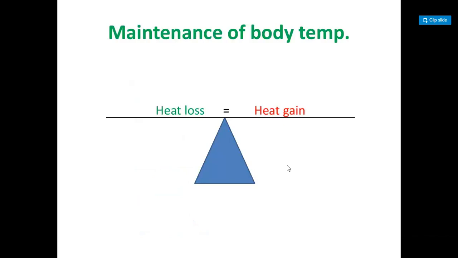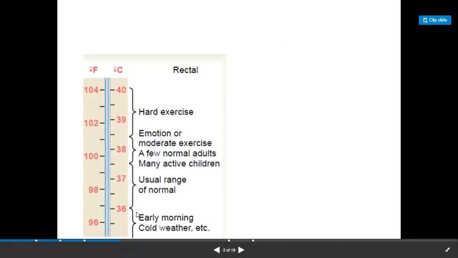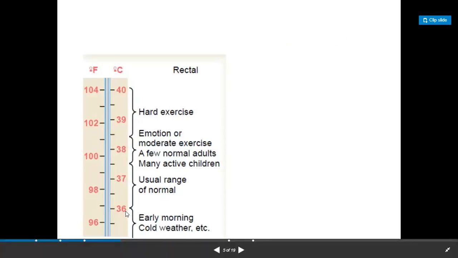By the way, your temperature drops early in the morning when you just wake up and your body is not doing any serious metabolic activities. Your temperature is lower than 36, or when the weather is cold during winter, your temperature is lower than 36, okay?